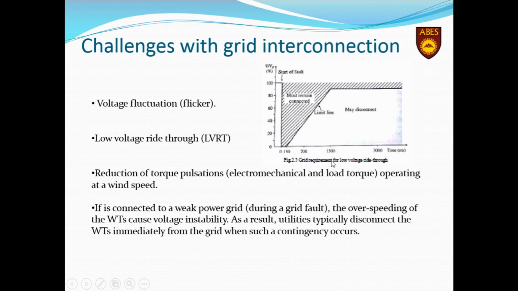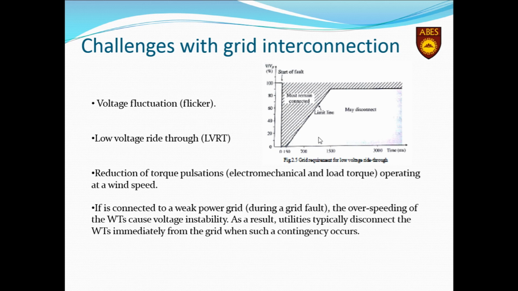So this is the shaded region. You can see that in the shaded region you must keep the wind turbine connected to the grid, and if the time elapses more than 150 milliseconds or 700 milliseconds, then certainly the fault turns out to be severe, and that particular fault current can disturb the system abruptly, so it needs to be cleared.